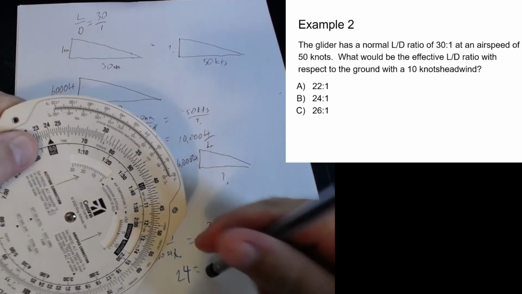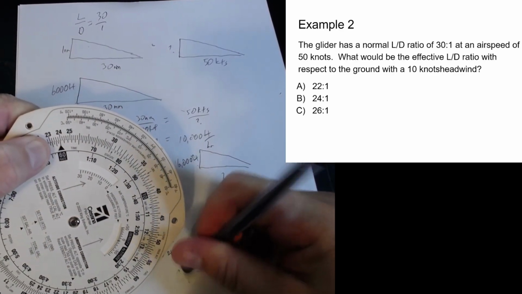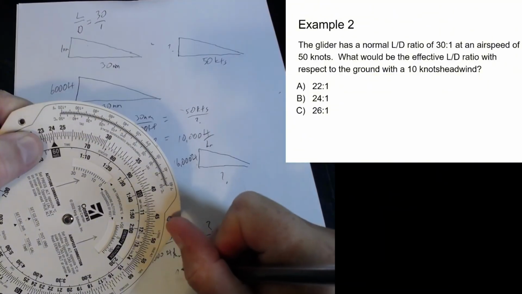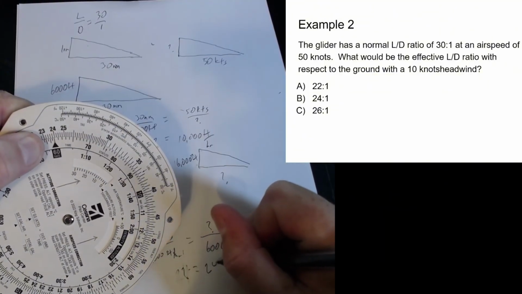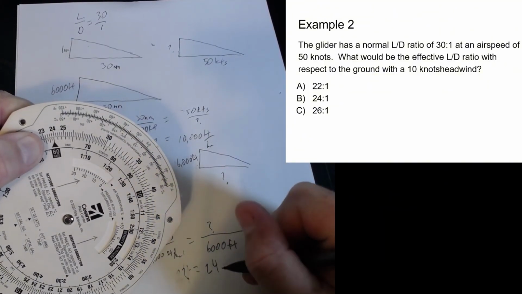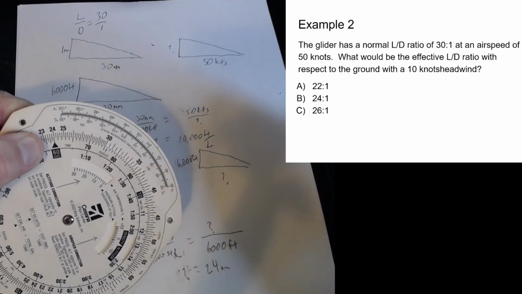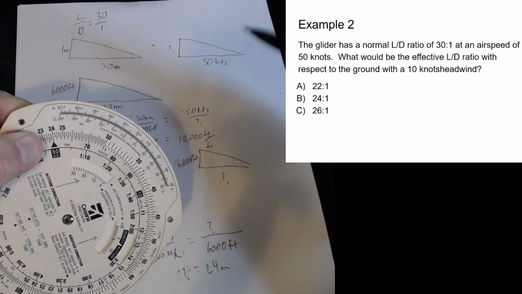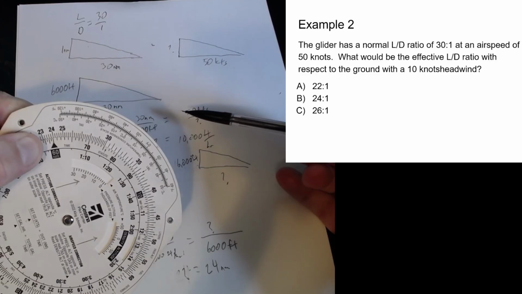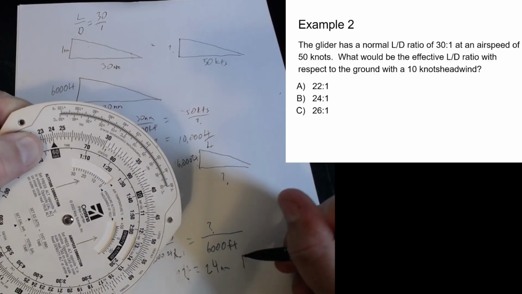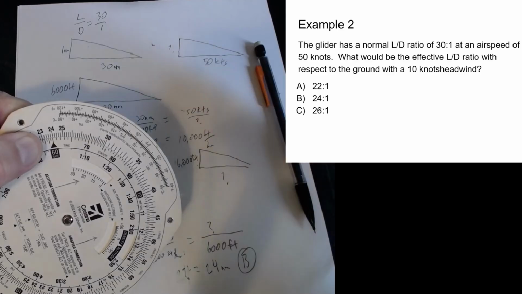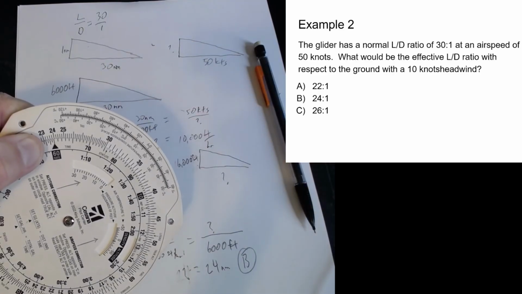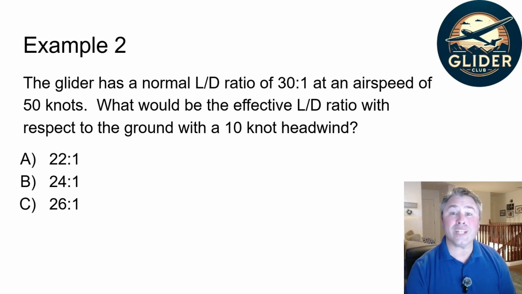Okay, oops, question mark equals 24. So therefore, the question mark is equal to 24 nautical miles, so the answer is B, 24 to 1. And that's what the FAA wants you to know about effective lift to drag ratio problems.